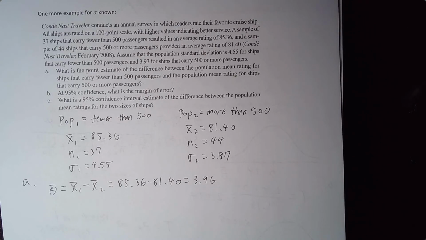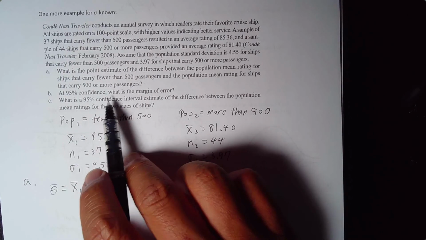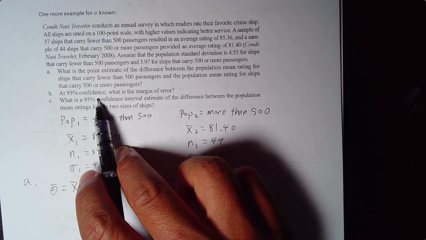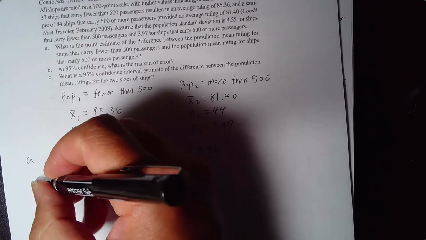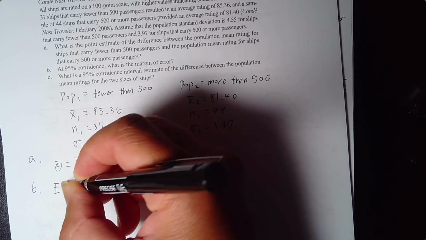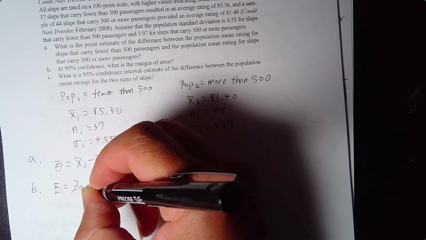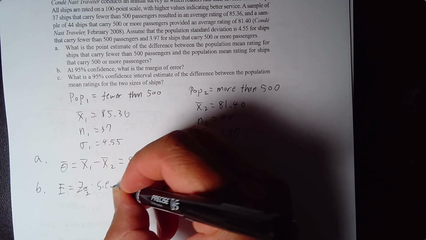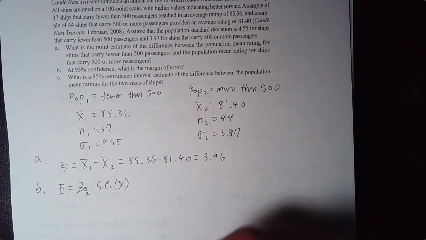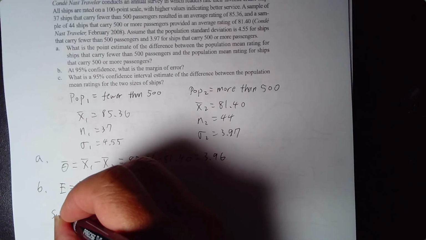Next, at a 95% confidence, what is the margin of error? So B. Again, remember, margin of error equals the critical value times the standard error of x bar. So now we need the standard error of x bar.